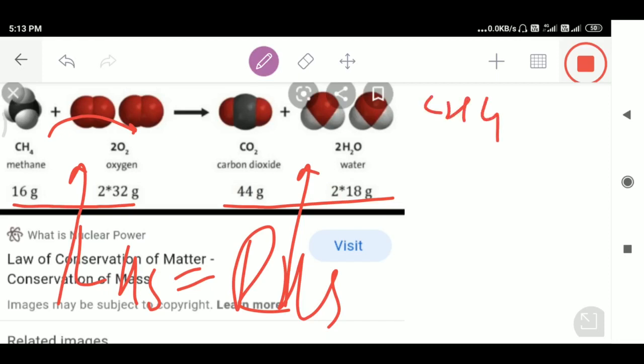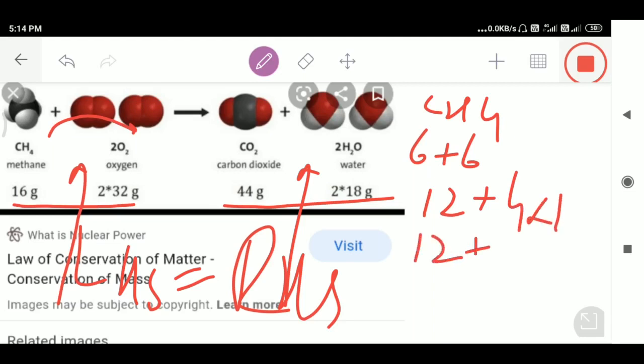Carbon has atomic number 6, that's 6 neutrons plus 6 protons, that's 12, plus 4 hydrogen atoms, each with atomic number 1, that is 4 into 1, which is 4. So 12 plus 4 equals 16.